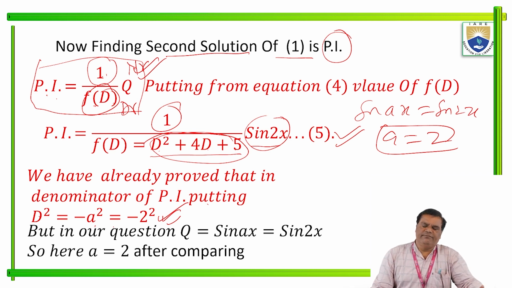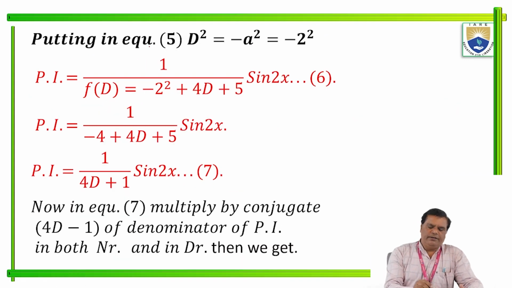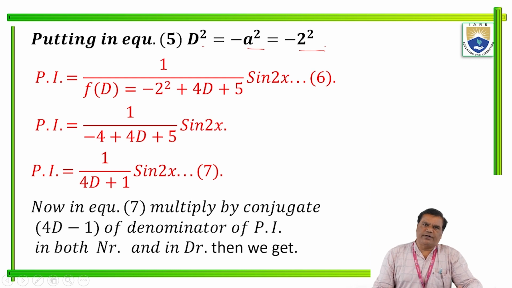A is the number given in our question Q. Here sin 2x is the given value of Q, and sin 2x is sin ax, so a is 2. After comparing, we get a equal to 2. So now we put in the equation D square equal to minus a square, equal to minus 2 square.